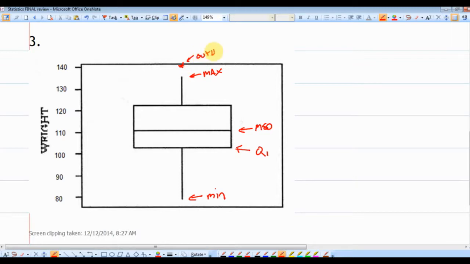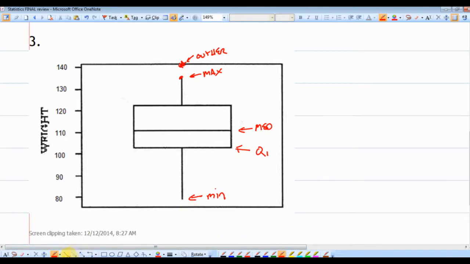The outliers are found with Q3 plus 1.5 IQR. That would be how to find the limit of the outliers. Would that be the max? Not necessarily. The max is an observation, but 1.5 IQR plus Q3 is not necessarily one of the observations in the data list.